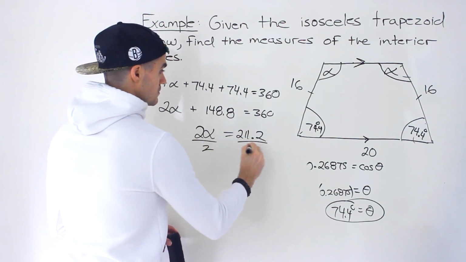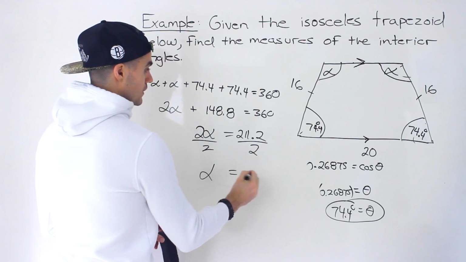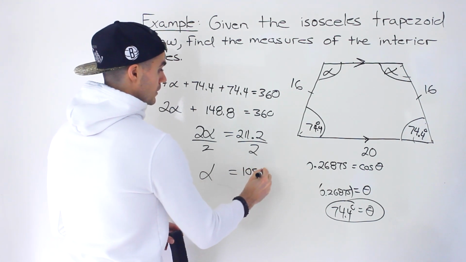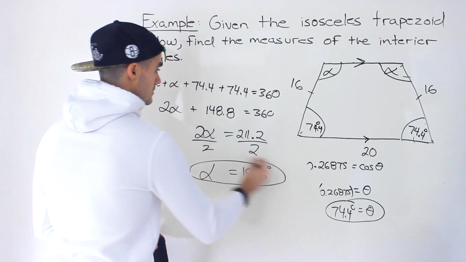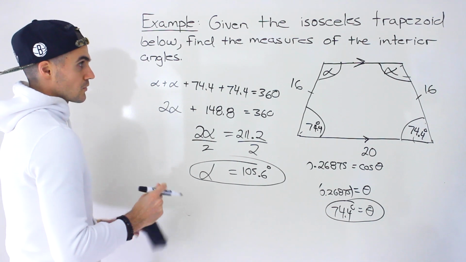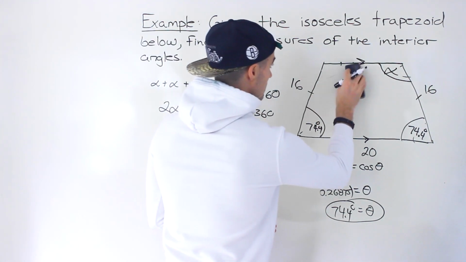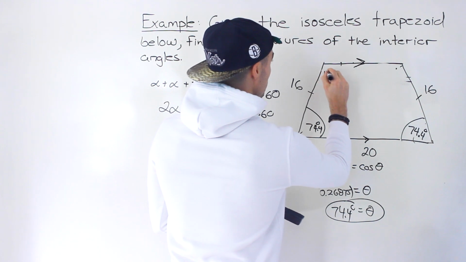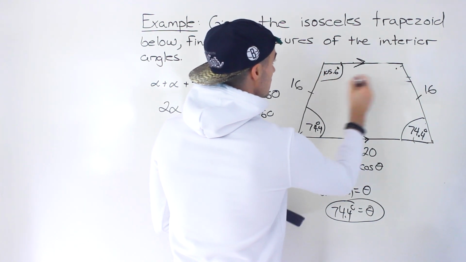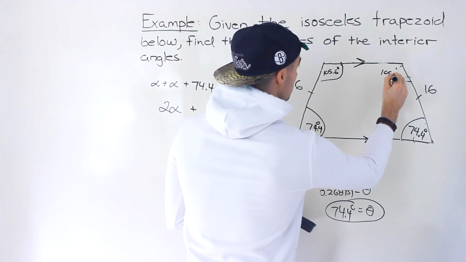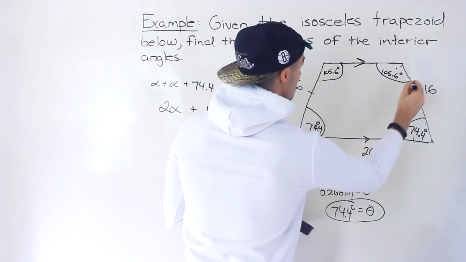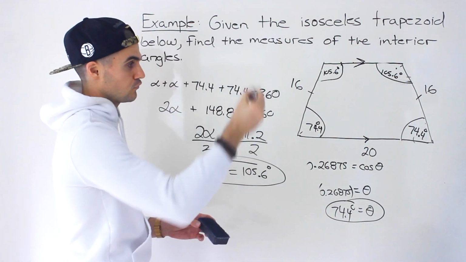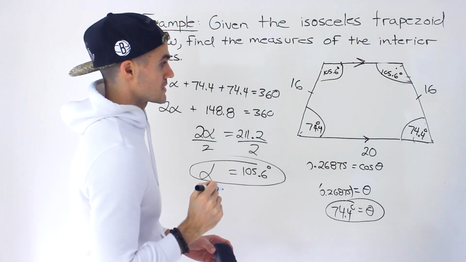Divide both sides by 2, and we get alpha equaling 105.6 degrees. So that means this here is going to be 105.6 degrees, and this here is going to be 105.6 degrees as well. And all 4 angles add up to 360.